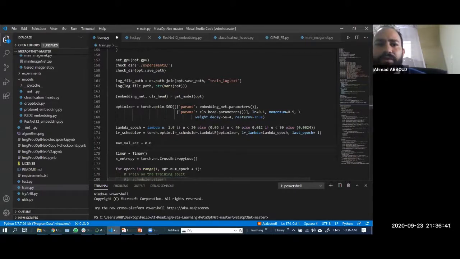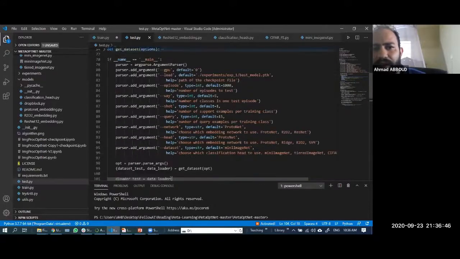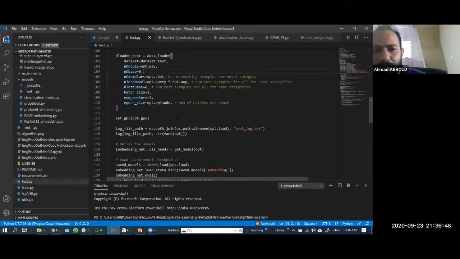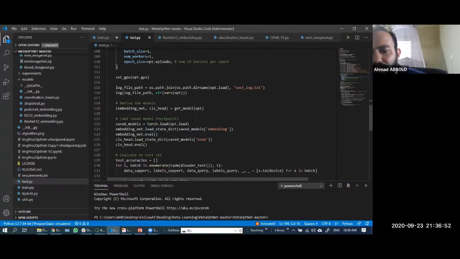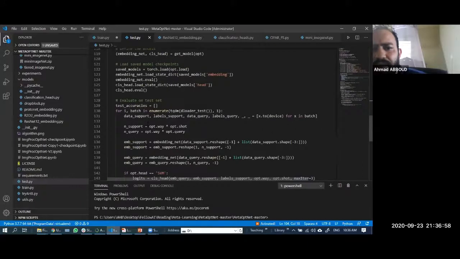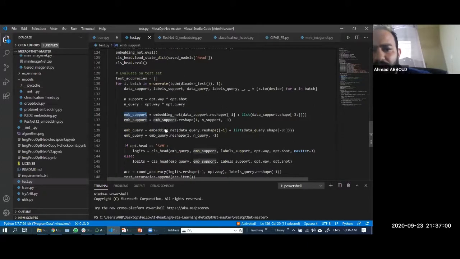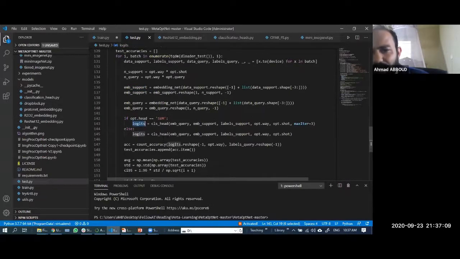If you go to the test set, you can see the same thing happens. They validate on the test dataset, which contains novel classes compared to the other classes. They load the data into the embedding support and into the logit query of the head.